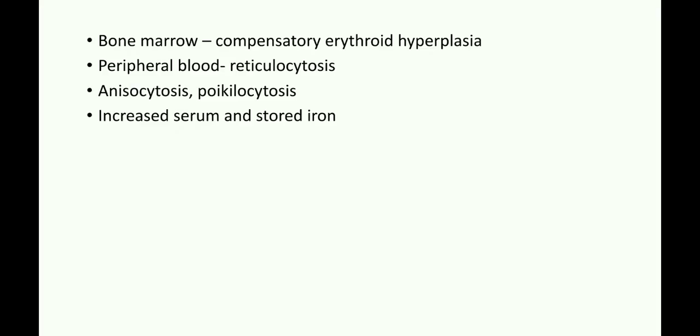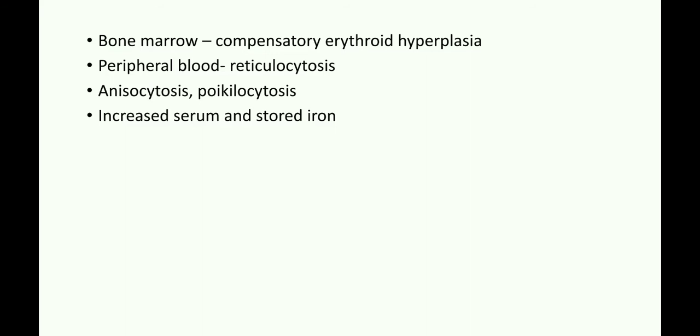In the bone marrow, since there is destruction of RBC happening in this hemolytic anemia, there will be a compensatory increase in the production of RBC also. That's why in the bone marrow you get compensatory erythroid hyperplasia. As a result, in the peripheral blood you get reticulocytosis.